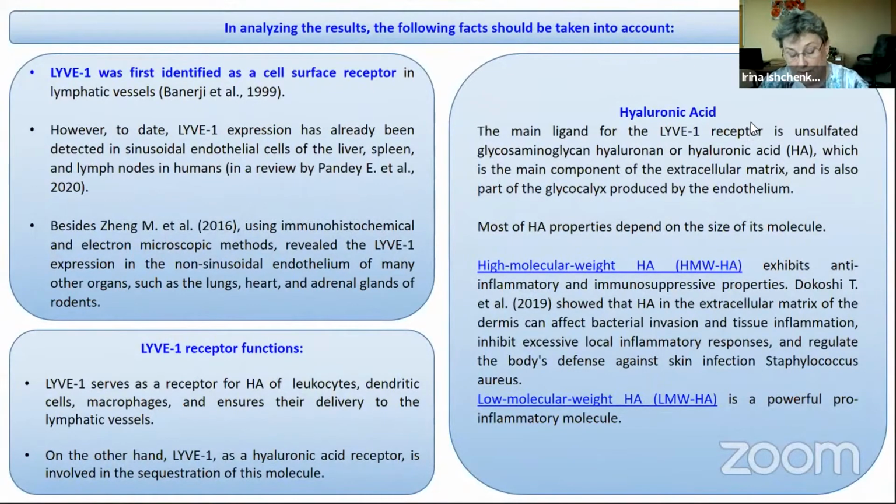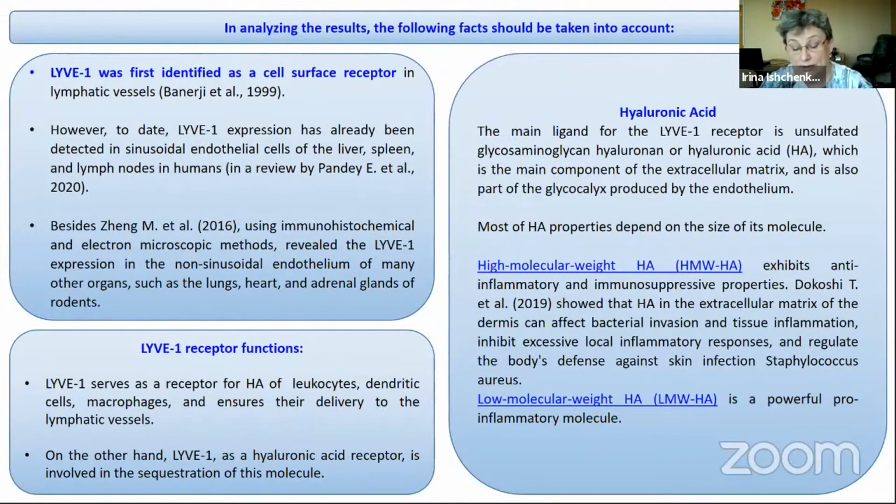Most of hyaluronan's properties depend on the size of its molecule. There are high molecular weight hyaluronan and low molecular weight hyaluronan. The first molecule exhibits anti-inflammatory and immunosuppressive properties, and low molecular weight hyaluronan is a powerful pro-inflammatory molecule.